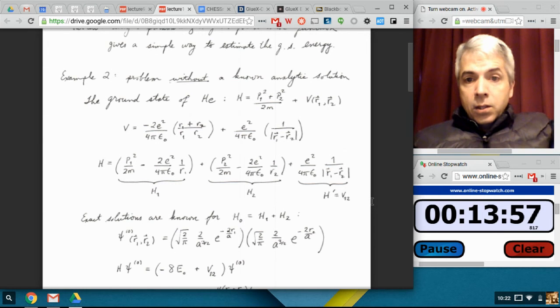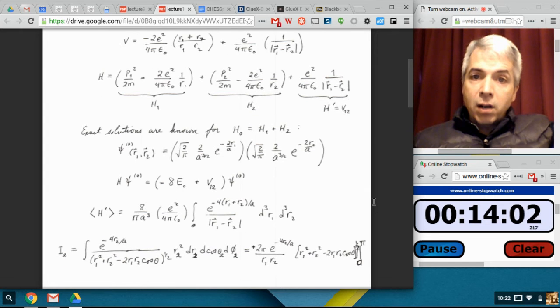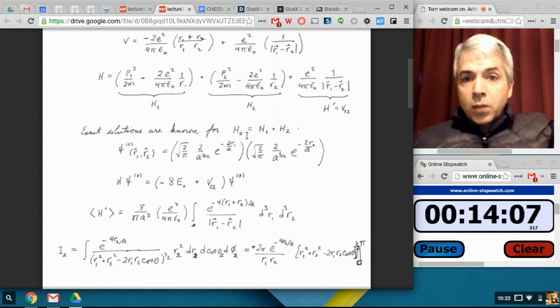So at least if we can't solve the whole thing, we can start off by making ourselves a Hamiltonian that consists of the pieces we know how to solve, H1 plus H2. And what did I say earlier?